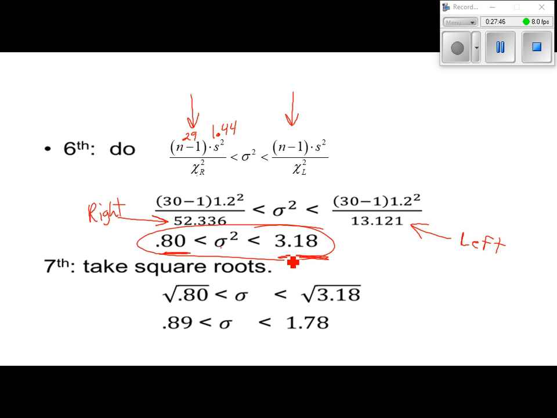And then if we want to do the standard deviation, this one's the standard deviation interval, then we take the square root of both those and we can get our interval, which is this, and we say that we're 99% confident that the standard deviation is between 0.89 and 1.78.